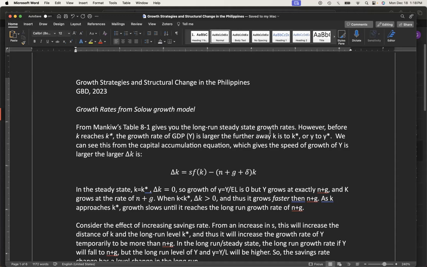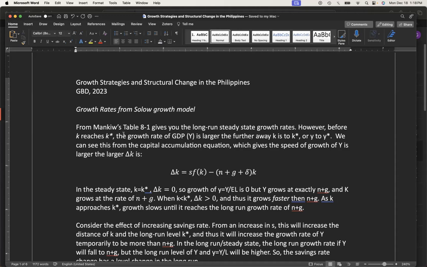And the full Solow model is the one featured in chapter 8 when you include population growth and effective technological growth into the model.